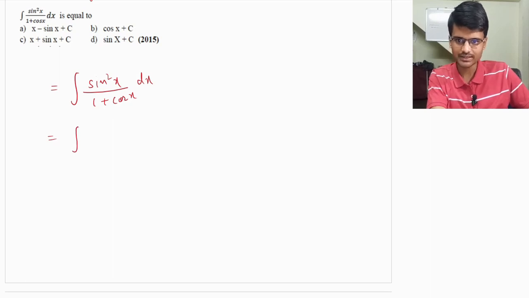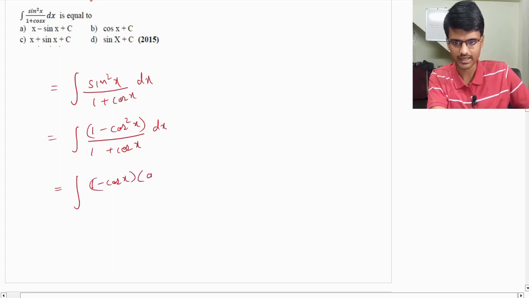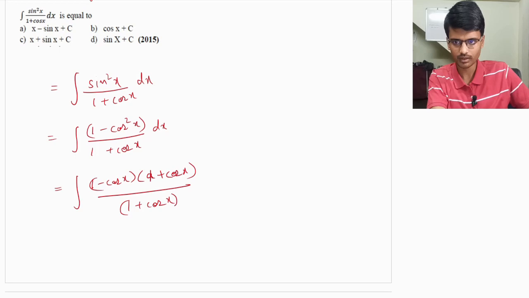I can write sine square as 1 minus cos square x. Everyone agrees, I guess. It is all about trigonometry. How well you are with your trigonometry formulas will help you here. So I can write 1 minus cos square x as 1 minus cos x times 1 plus cos x, a square minus b square, right? Divided by 1 plus cos x, dx.